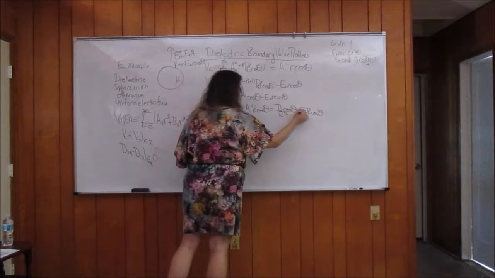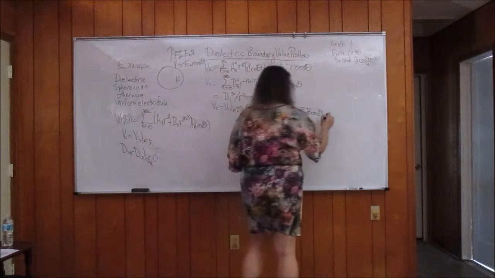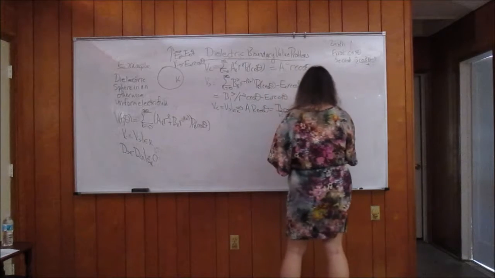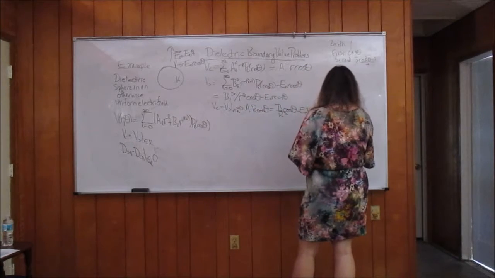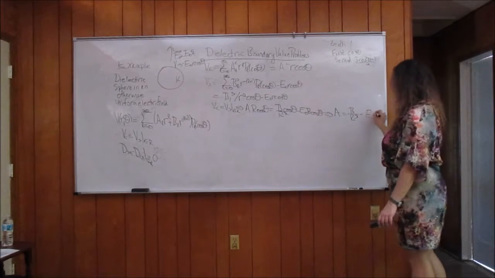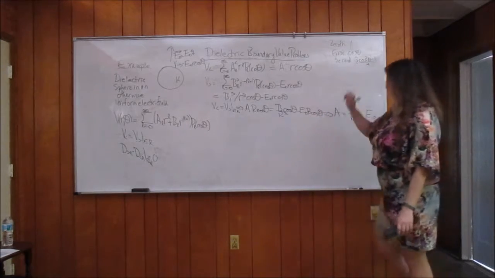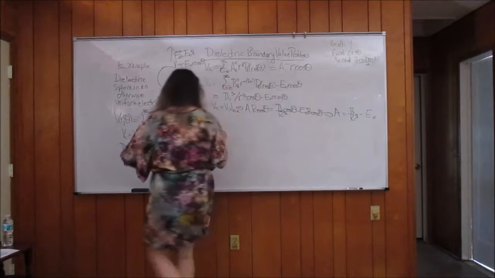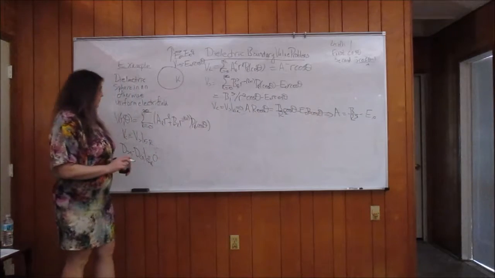Cosine thetas drop out, and I'll be left with A is equal to B over the radius of the sphere cubed minus E naught. We get one equation relating the 2 coefficients.